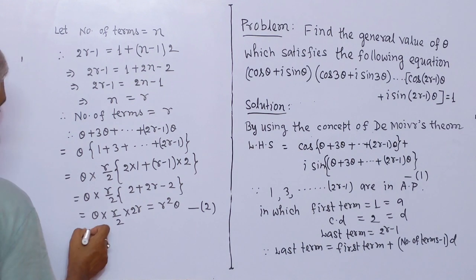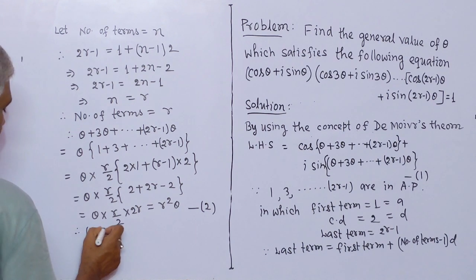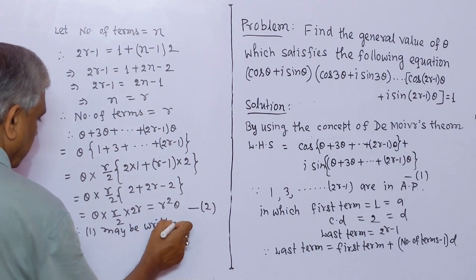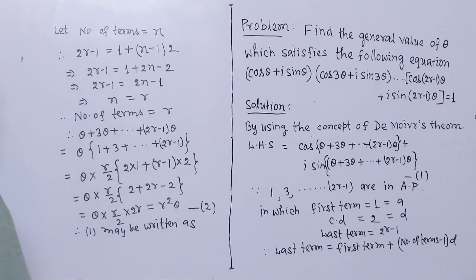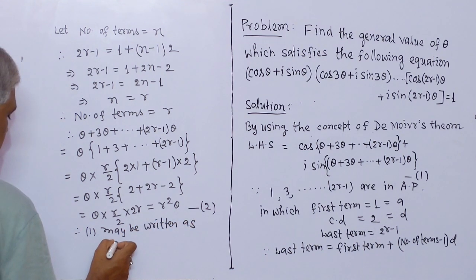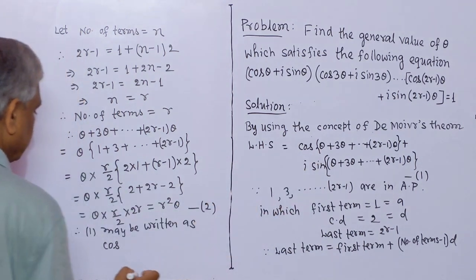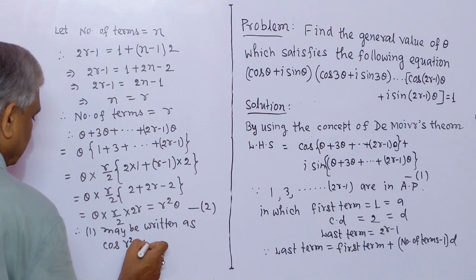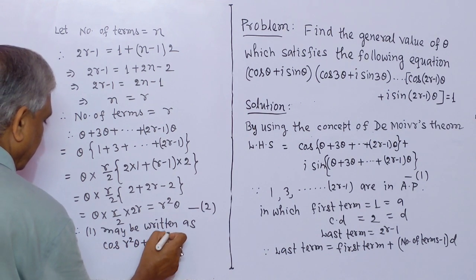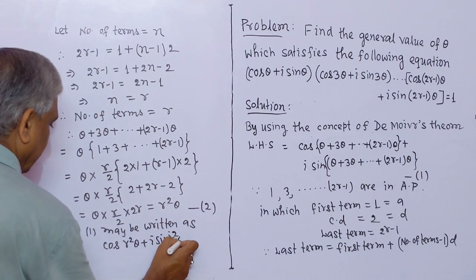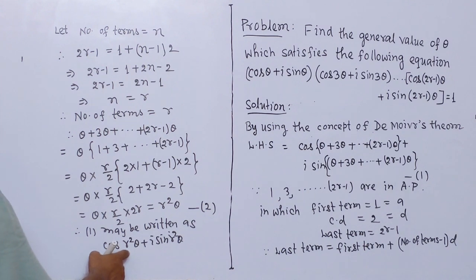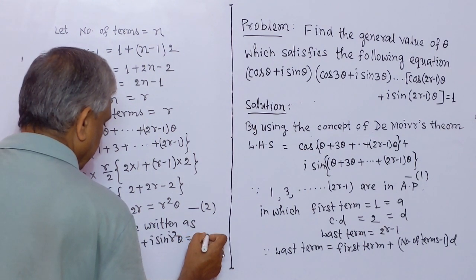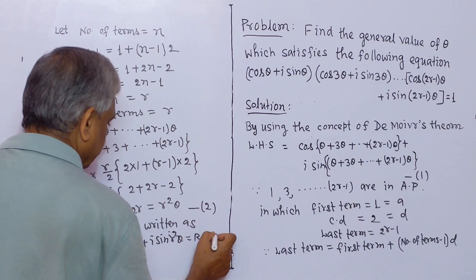Therefore 1 may be written as cos(r square theta) plus i sin(r square theta), since the sum of these terms is r square theta. This is left side and right hand side is 1.